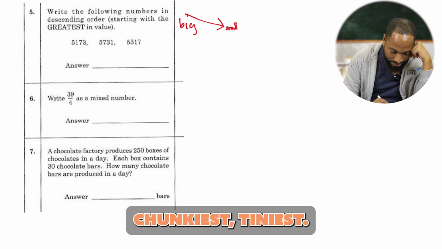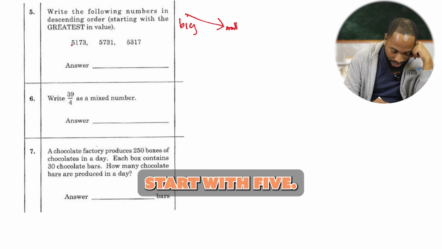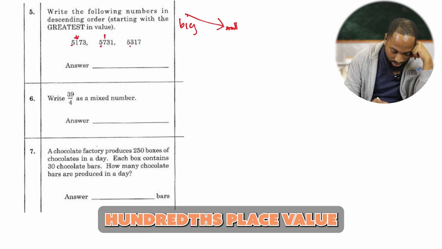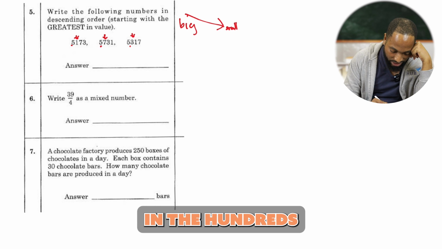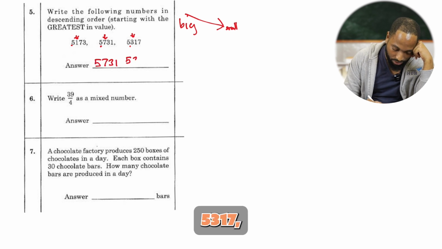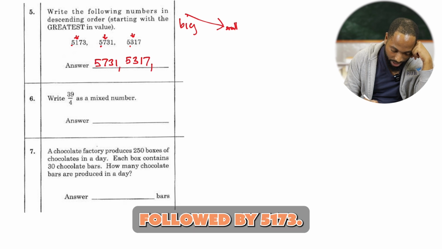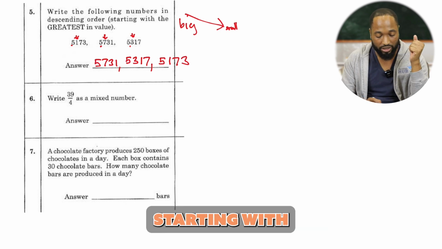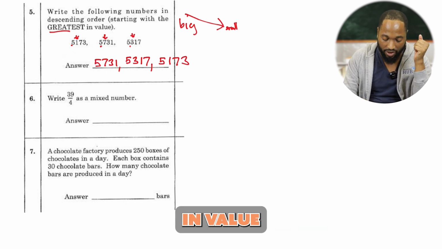All of them start with 5, so we need to watch the next place value. The next place value is the hundreds, and the biggest number in the hundreds is 7. So I'll put 5731 followed by 5317 followed by 5173, and I have placed it in descending order, starting with the greatest in value.